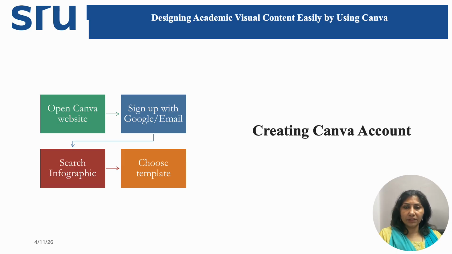Once you have registered, you can access templates, save your designs, and collaborate with others if needed. If two people want to work on a design together, you can do that also. You can save and send it in a format where it can be editable also.